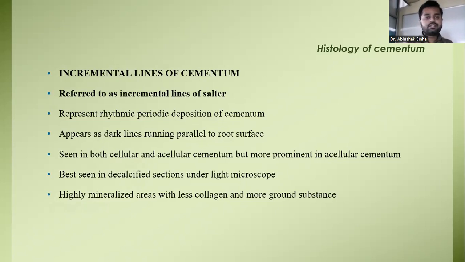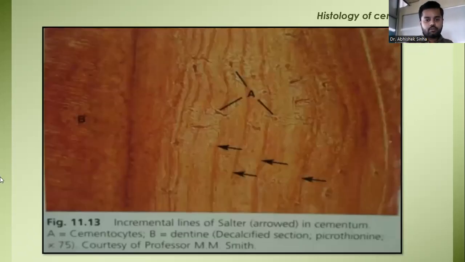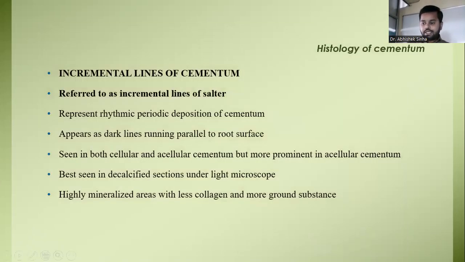Then you have incremental lines of cementum. Before I speak on this, let's see this diagram. So these are the incremental lines of cementum. What do you understand by increment? Increasing a bit by bit. They are called incremental lines of Salter, basically because of the scientist who discovered them.